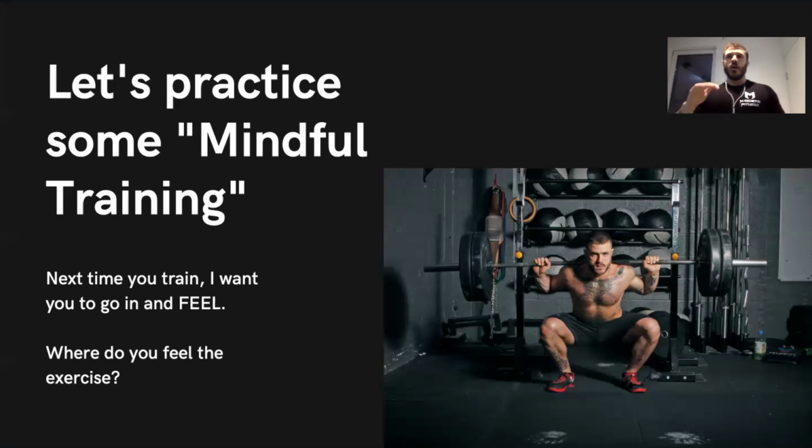Because the end goal is to stimulate the given muscle. And then once we have all these in place, exercise execution, tempo, and the active range of motion, then we can create a standard and we can start talking about, okay, now we need volume. That's it. That's simple as that.